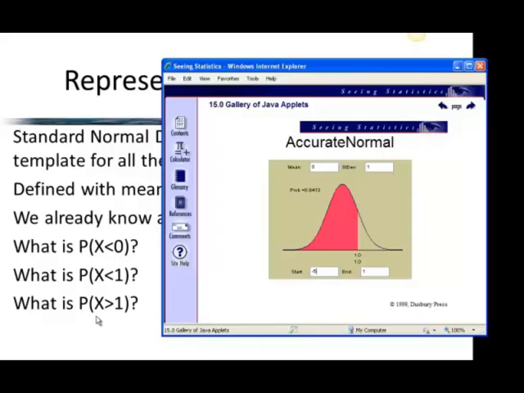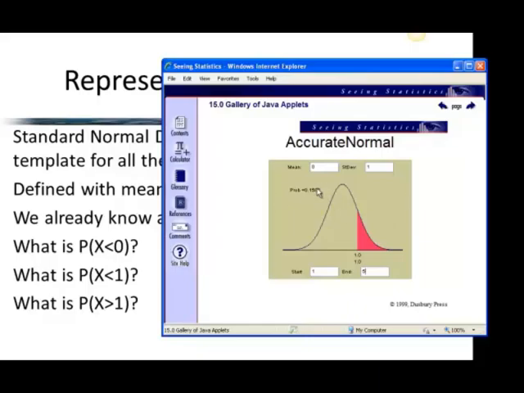What about the probability that x is greater than 1? Well, it would be the area that's not shaded on this curve, and we know that the sum of the probabilities from minus infinity to plus infinity has to equal 1. Therefore, the probability of being greater than 1 is going to be right around 16%, 1 minus 84%.